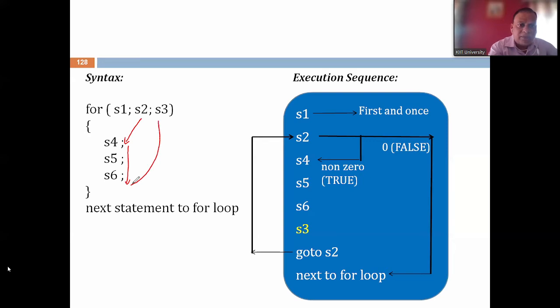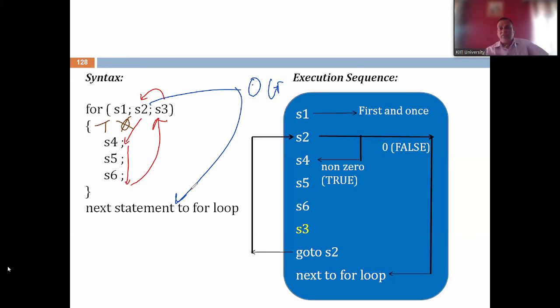From here, we'll go to S3, and from S3, we'll return back to S2. And this will only happen if the execution of this gives a non-zero value, treated as true. If it returns a value 0, treated as false, we'll directly come over here. This is the sequence of executions.